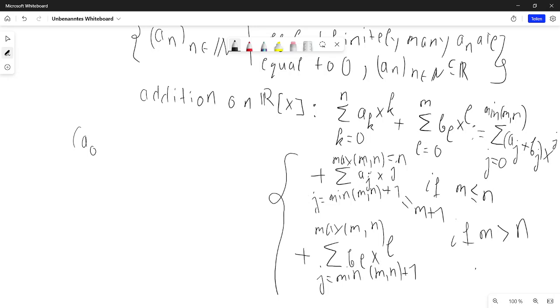And here, keep in mind that something like the sum from i equal t to r of ci, and t is larger than r, it's just equal 0.